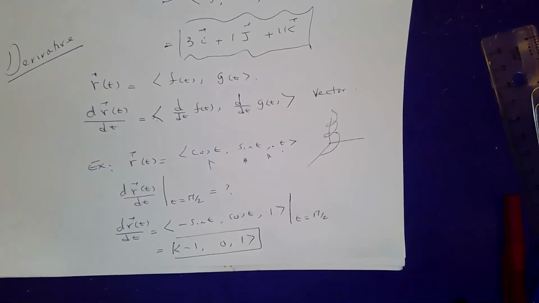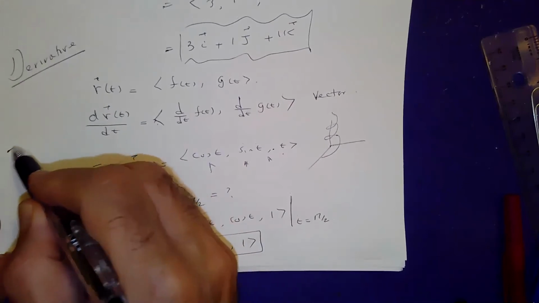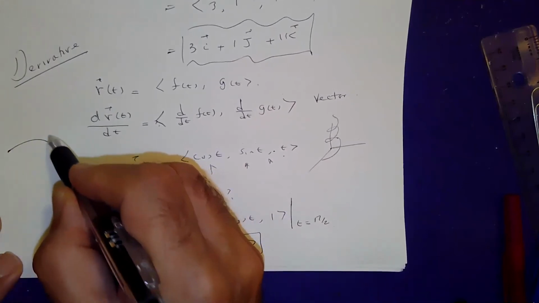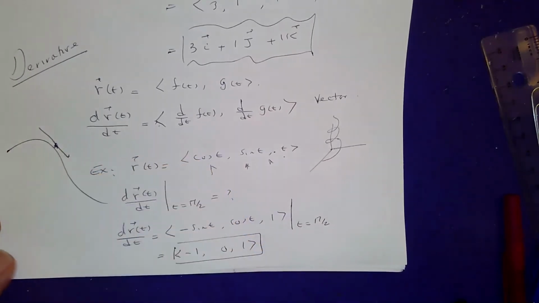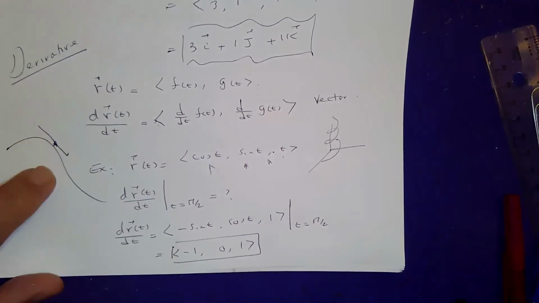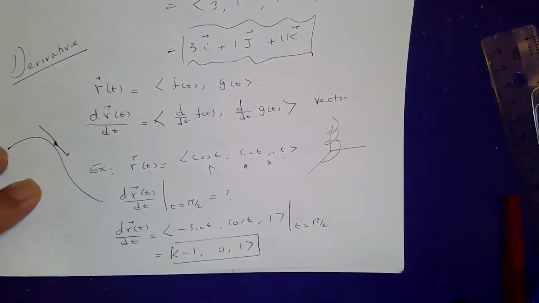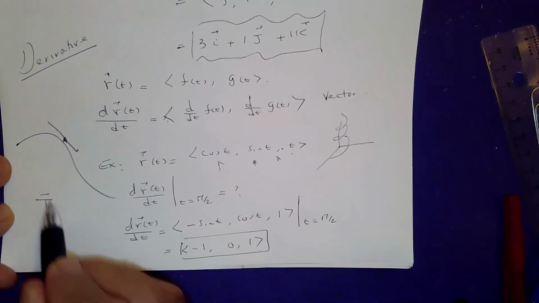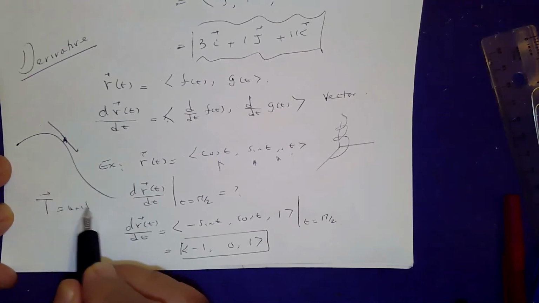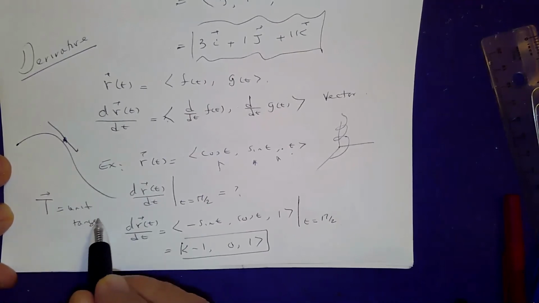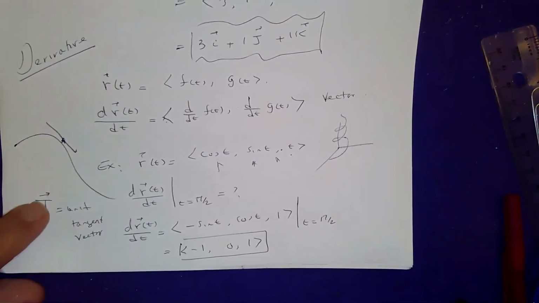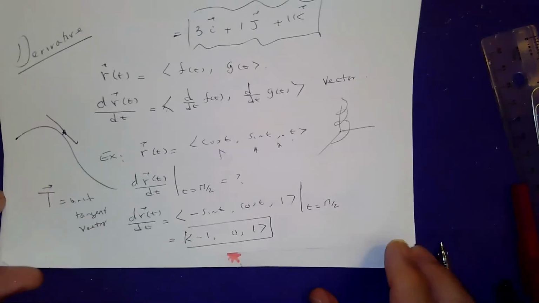That's what we're going to do. Next time I'm going to show you how to find the equation of the tangent line to a space curve, and what they mean by the so-called unit tangent vector. This is one out of three important vectors in motion.